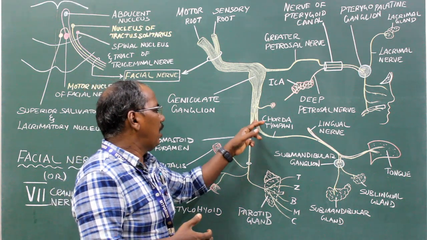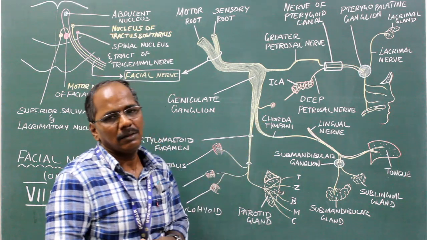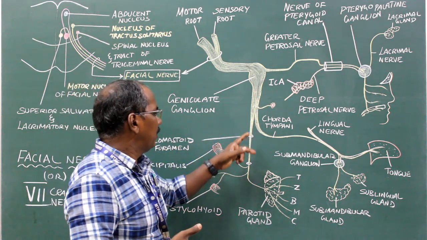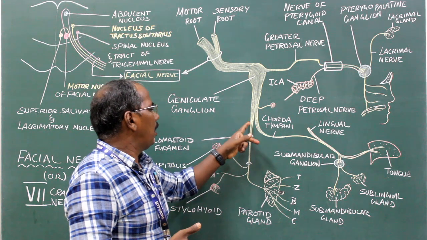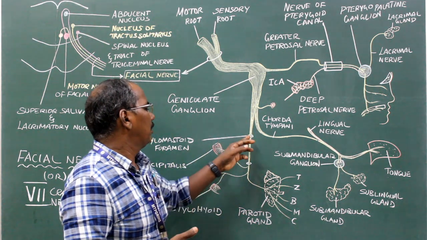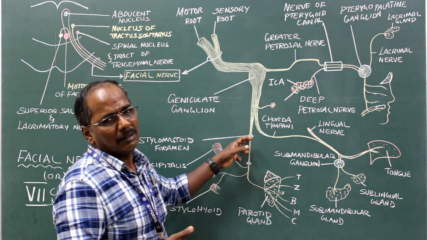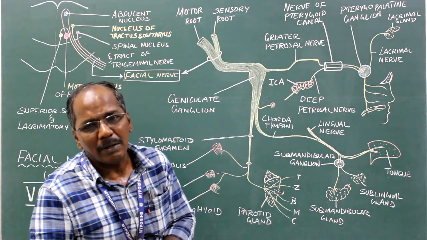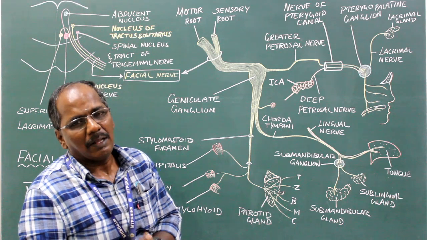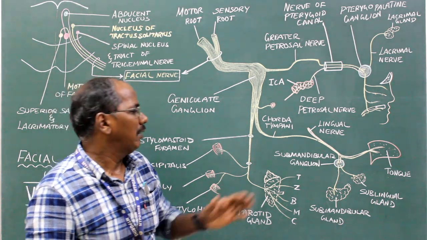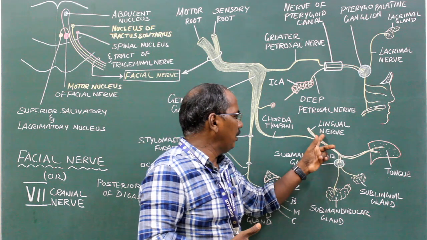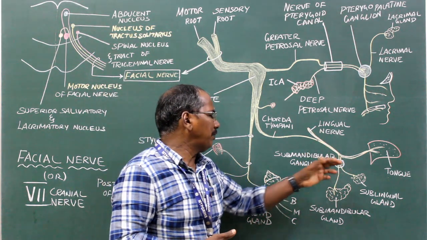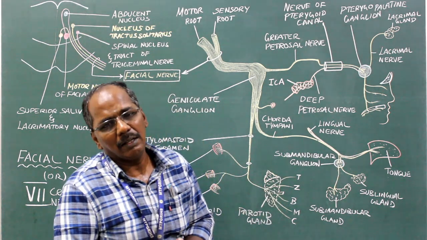Number 3, chorda tympani. It arises from the facial nerve 6 mm above the stylomastoid foramen and it enters the petrotympanic fissure, then the infratemporal fossa where it joins the lingual nerve and relays in the submandibular ganglion.